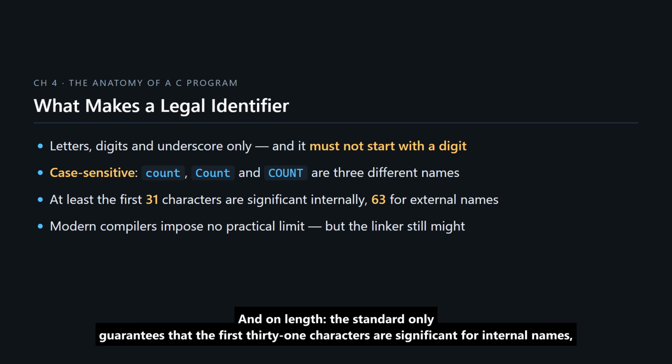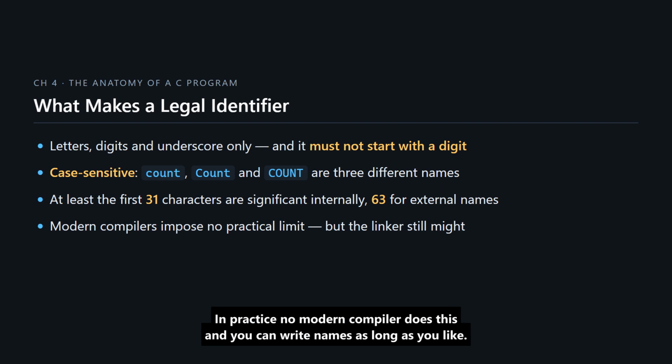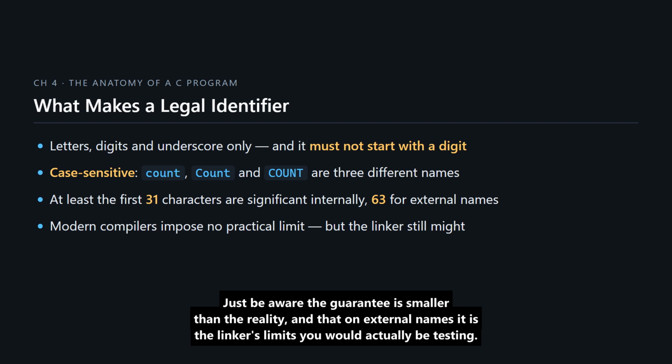And on length, the standard only guarantees that the first 31 characters are significant for internal names, and 63 for external ones, meaning a conforming compiler is allowed to treat 2 names as identical if they agree that far. In practice, no modern compiler does this, and you can write names as long as you like. Just be aware the guarantee is smaller than the reality, and that on external names it is the linker's limits you would actually be testing.